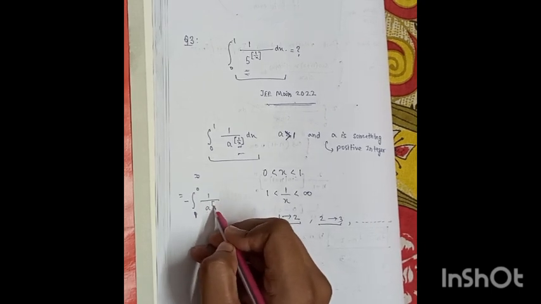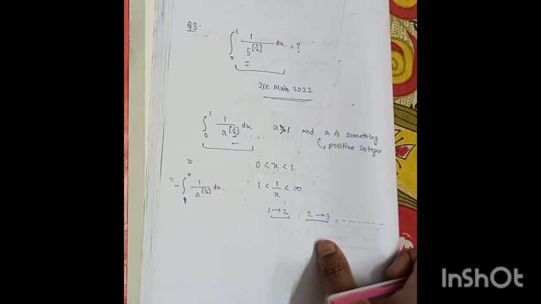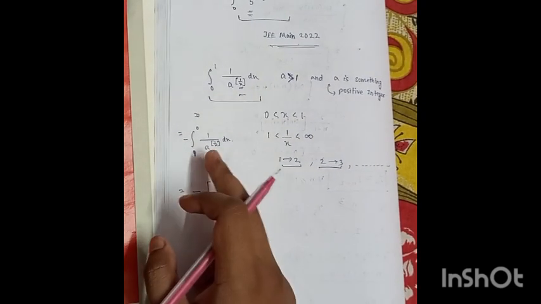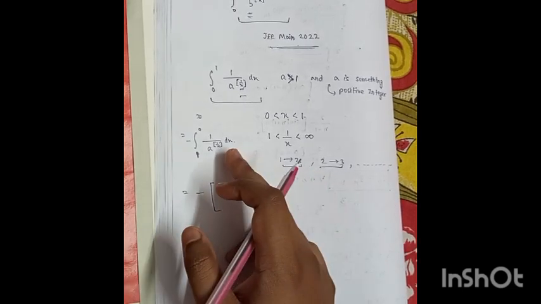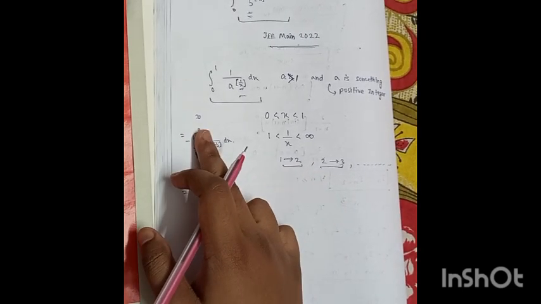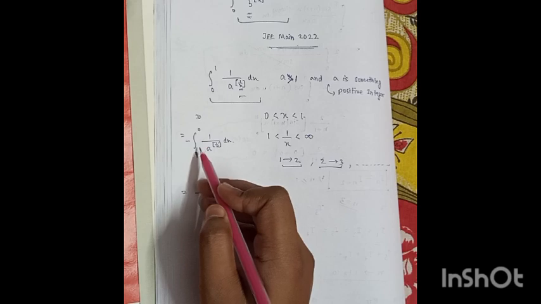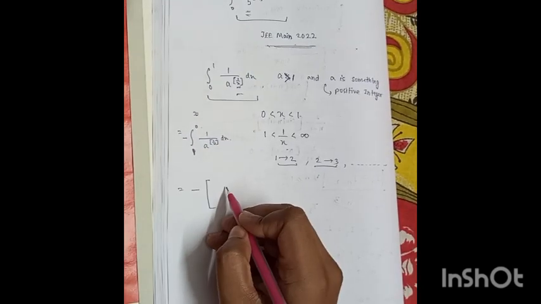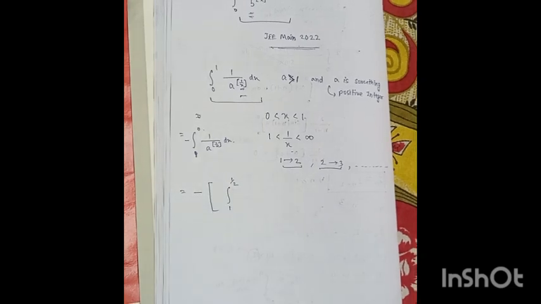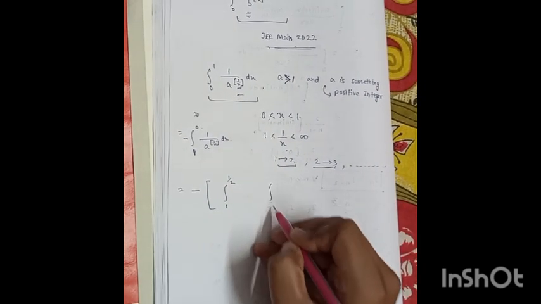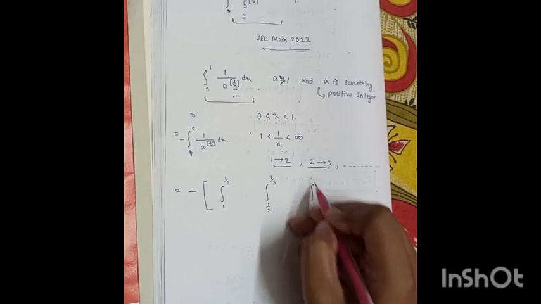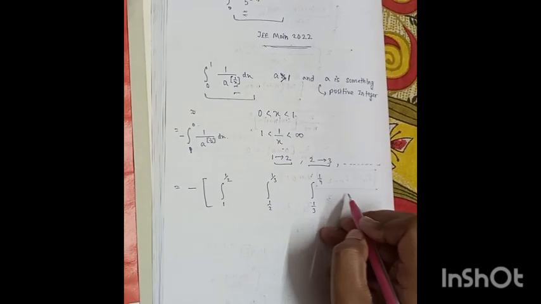Now the minus sign will be outside and we have to break the function. As we are going from 1 to 0, remember this 1 to 0 is for x, not for 1 by x. So we have to break this function as 1 to half, then half to 1 by 3, then 1 by 3 to 1 by 4, and so on.